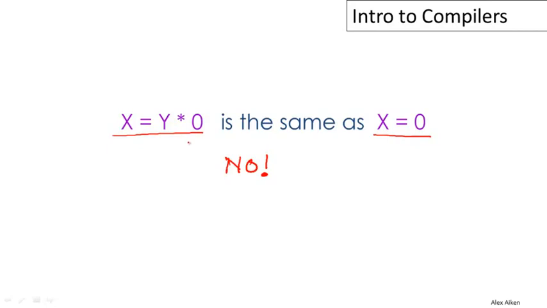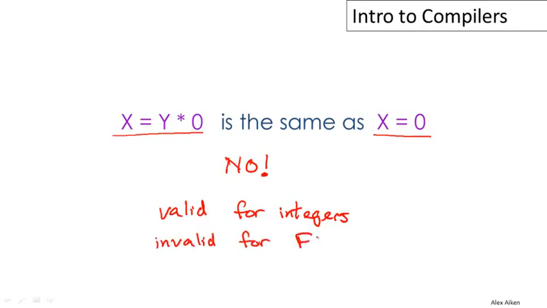Now, it turns out that this particular rule is valid for integers. If x and y are integers, then multiplying by 0 is always the same thing as just assigning 0. But it's invalid for floating point. Why is that? Well, you have to know some details of the IEEE floating point standard.